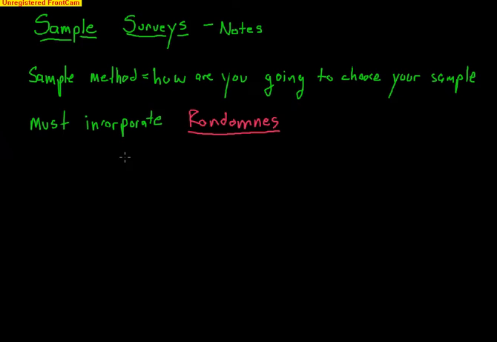The next question on your sheets would be, what must a sample do in order to be meaningful or useful? A sample must, and we've said this before, represent the population to be meaningful.